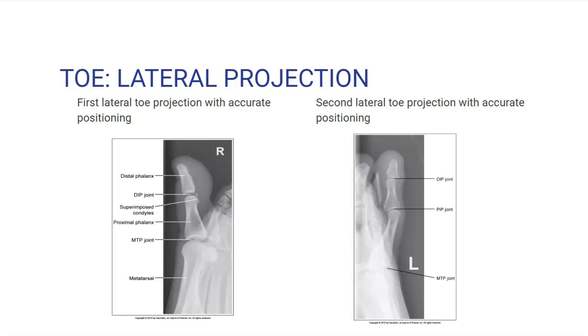The IP joint for the first toe should be at the center of the exposure field. When demonstrating any toes from the second to fifth toes, the PIP joint should be demonstrated at the center of the exposure field. The phalanges and metatarsal phalangeal joint spaces are all to be included within the exposure field.